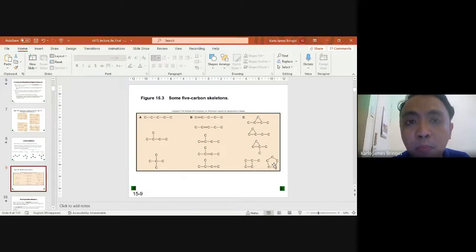So 13 possible different arrangements of carbons, 5 carbons in a skeleton. All of this can make different compounds to one another.